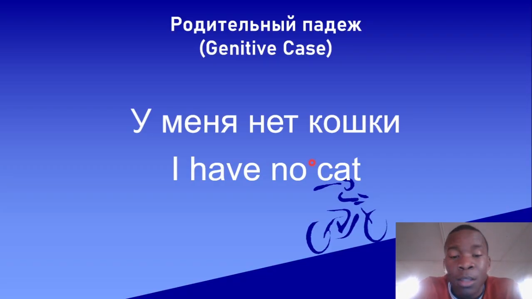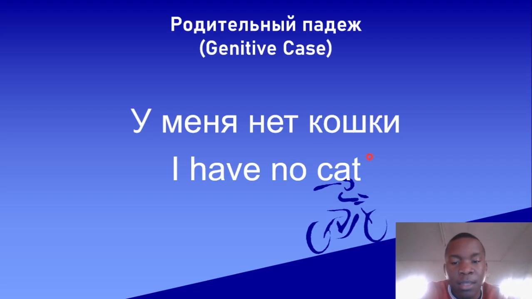Obviously, it's very important that you learn the meanings of these words and the form. Let's forget about this one, koshka. You might look at it very quickly and say, it's a cat, no problem.